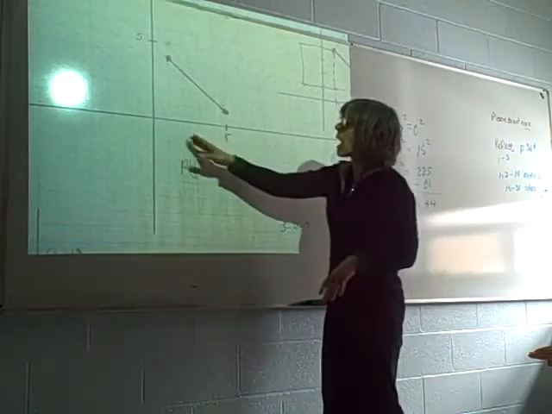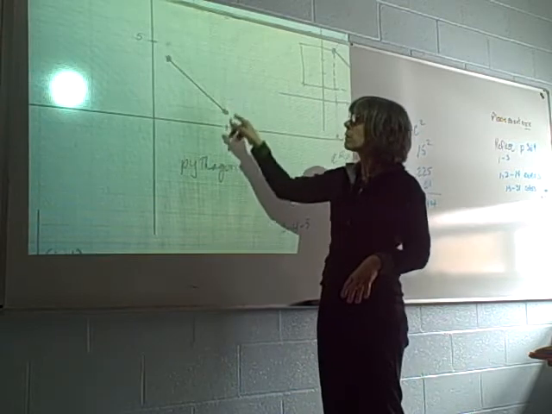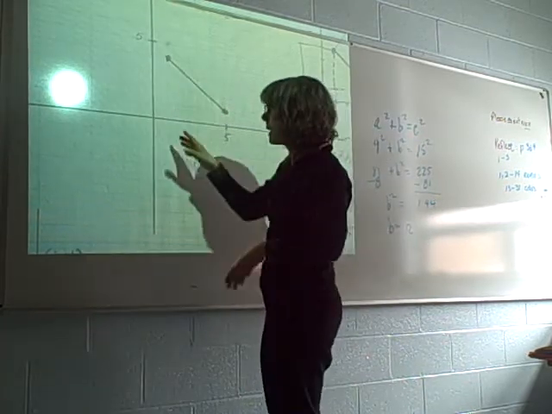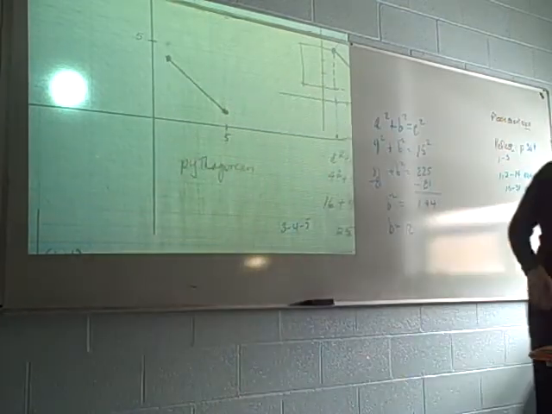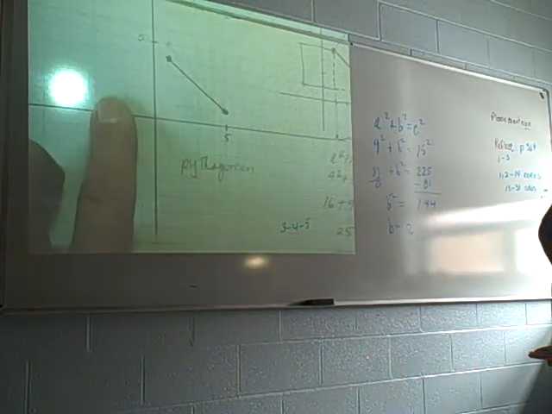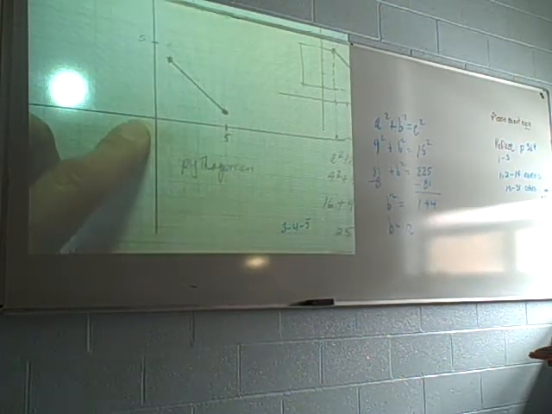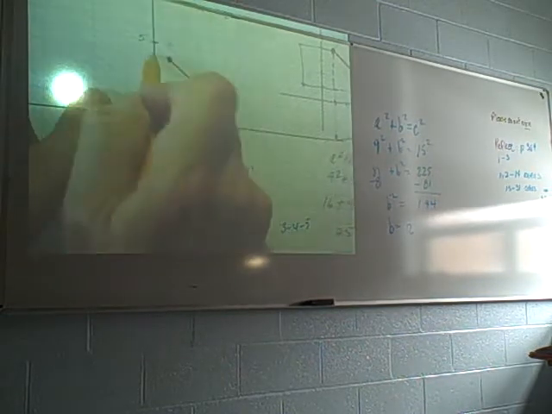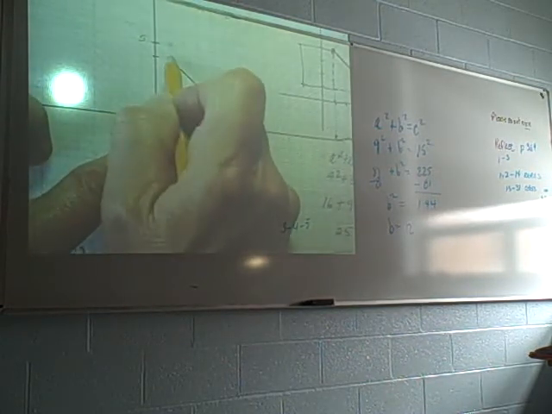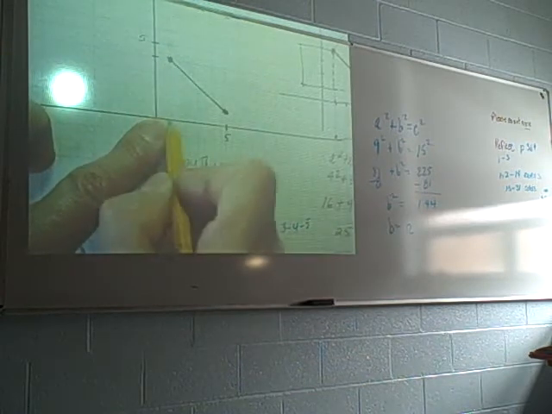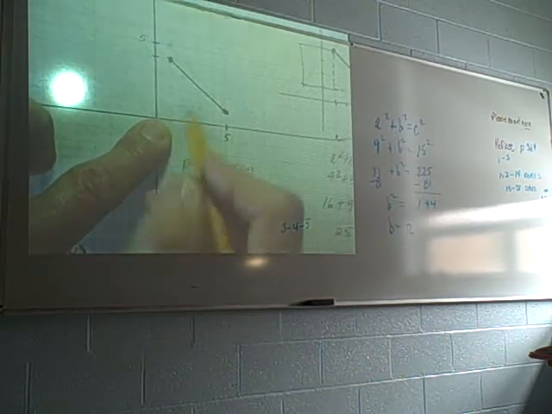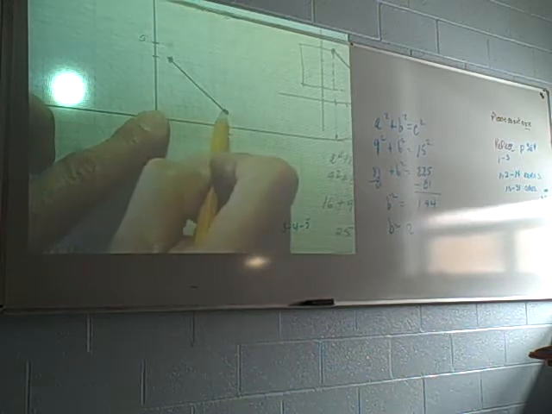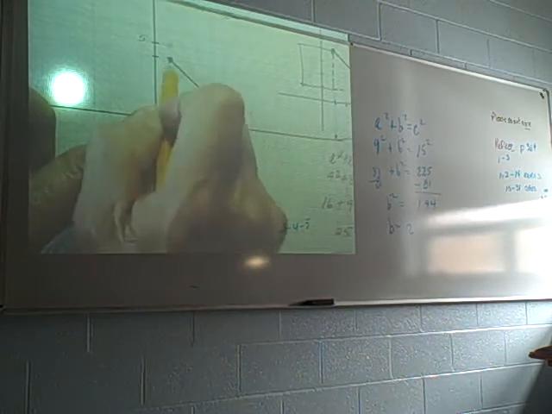Okay, so I'm on a grid, and you can see, unfortunately the graph paper is pretty light, but let's look at these points. I could count that this is sort of my triangle.